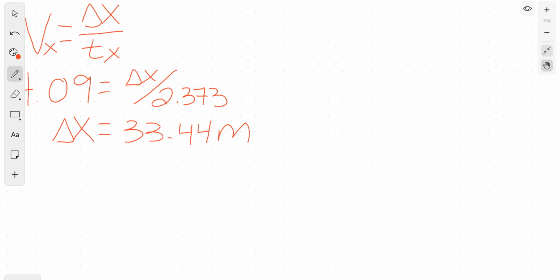So how do we do that? X velocity remains constant all the time, just as a rule. So V initial x is equal to V final x. So V initial equals V final, and that is going to be your 14.09. So those two things are equivalent. So the only thing left we have to do is find V final y.